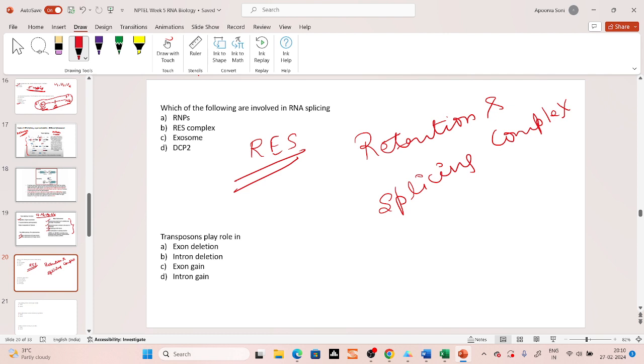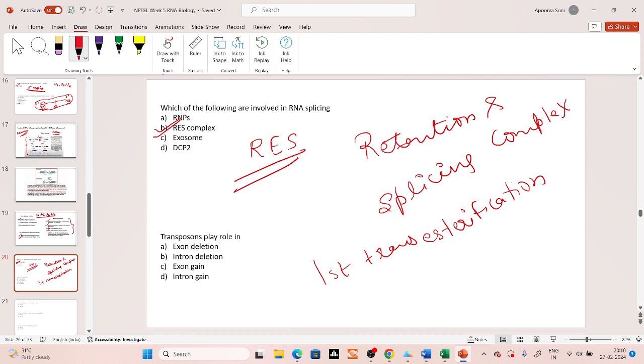Basically RES is retention and splicing complex, and it is involved in conducting the first transesterification reaction. So if we see the options, RES is more specific because it is specifically involved in the first transesterification reaction.